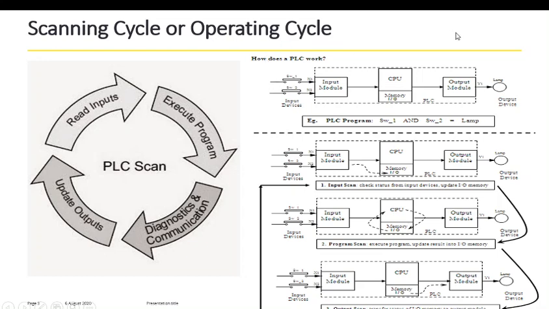Okay, so this entire process from input to the output is called a scanning cycle. So the definition of it is a process in which the program is scanned by the PLC, or it is the time required by the PLC for reading input, processing the program, and giving output through the communication module. So these are two definitions of the scanning cycle.